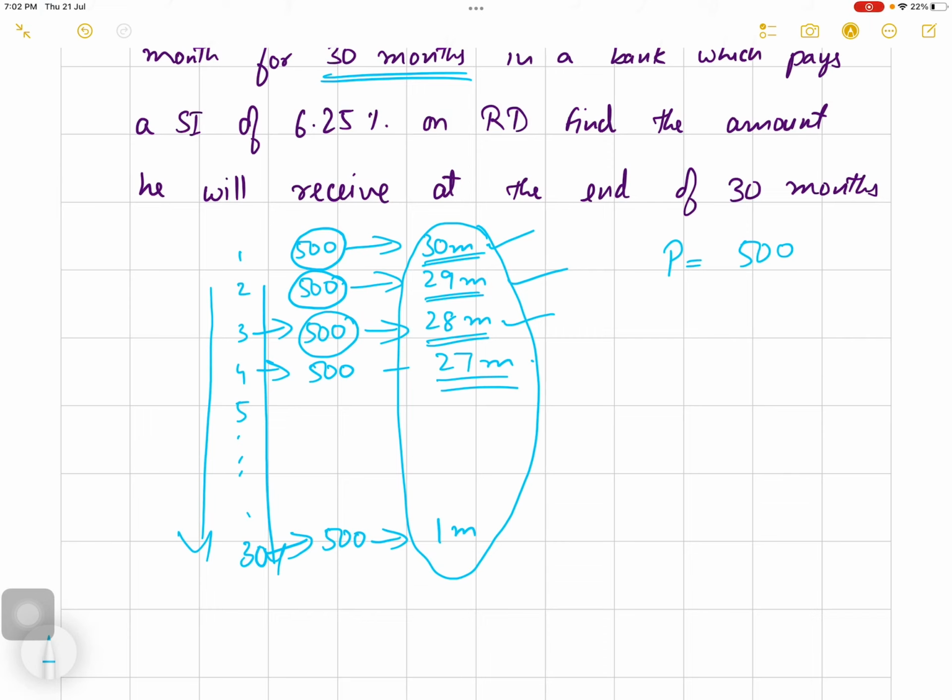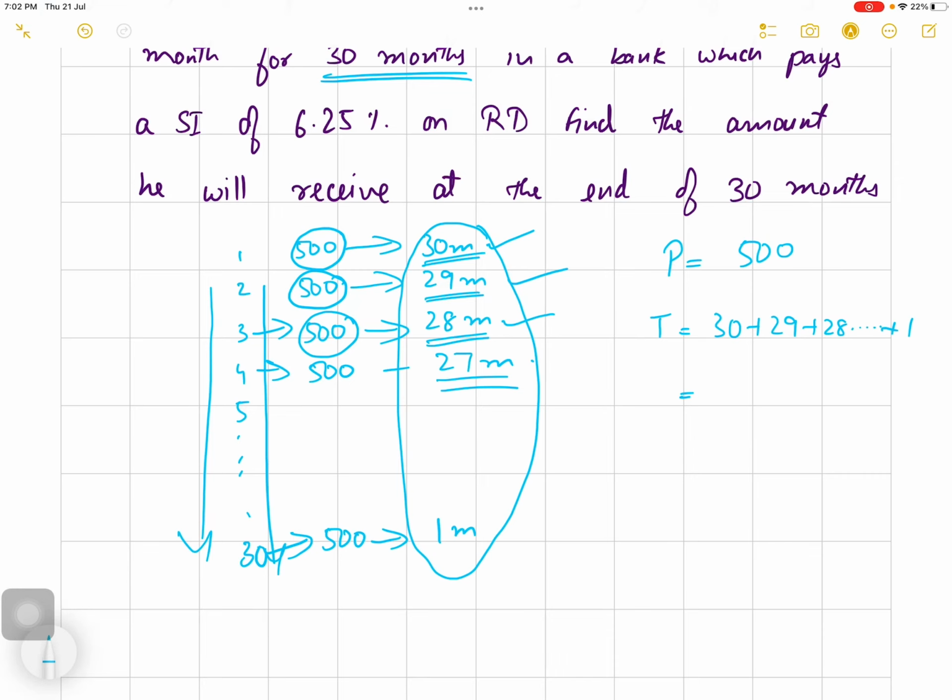So that means my time or my period is 30 months plus 29 months plus 28 months, and so on till the first month. Correct? You can take the calculator and just start calculating 30 plus 29 plus 28 plus 27 plus, and keep doing that, or you can use the formula for the sum of the first natural numbers. This is as good as 1 plus 2 plus 3 plus 4 plus, till 30.